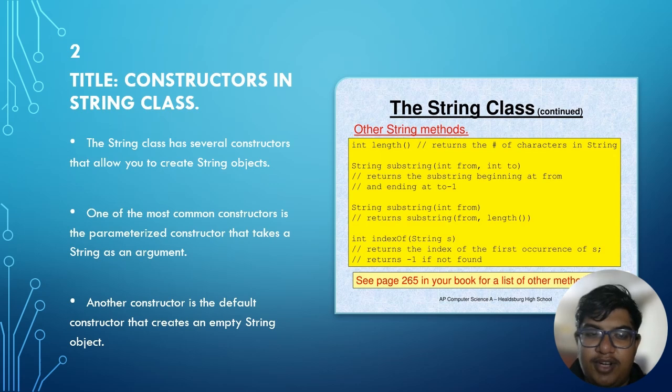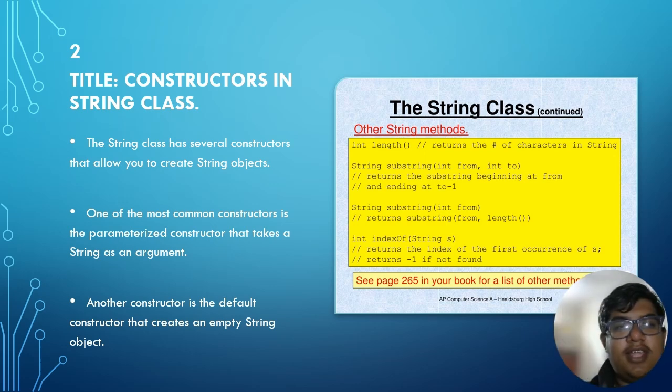One of the most common constructors is the parameterized constructor that takes a string as an argument. Another more famous constructor is the default constructor that creates an empty string object.